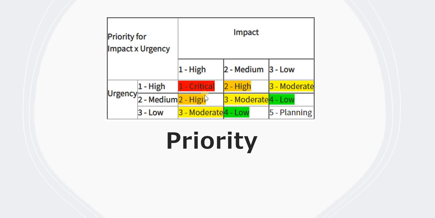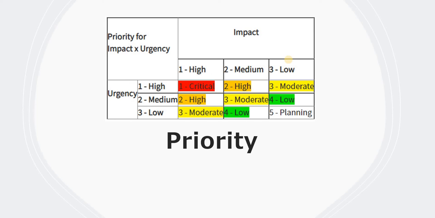It is lesser than the critical but should be resolved maybe within 3 or 4 hours of when the incident was raised. And again, if the urgency is 2 medium and the impact is high, it's a 2 high again, and it should be resolved within 3 or 4 hours. Every organization has their own set of SLAs. We will be discussing SLAs in detail in another video.